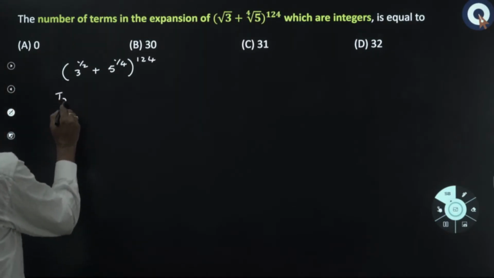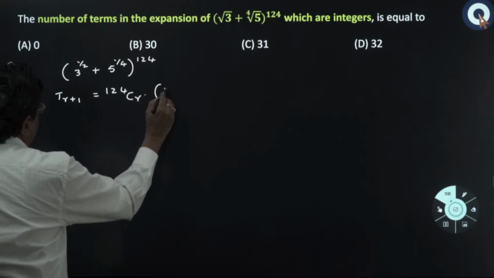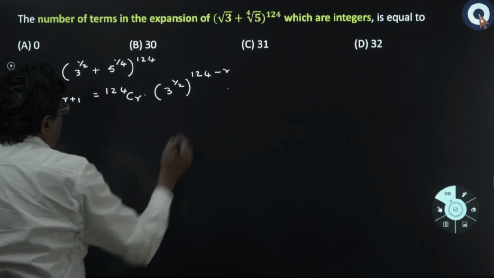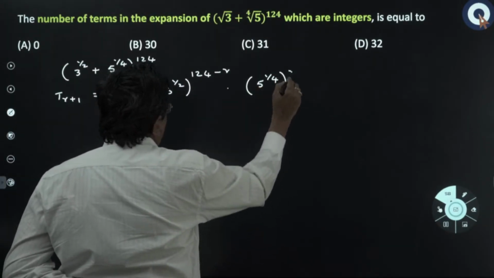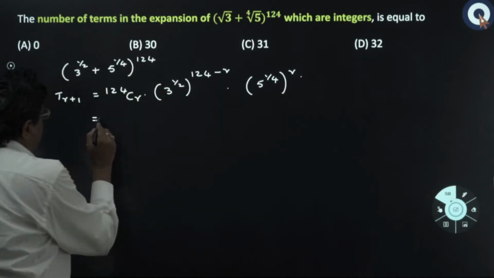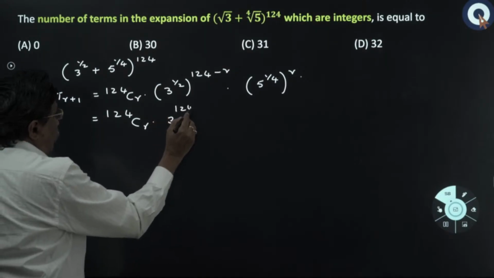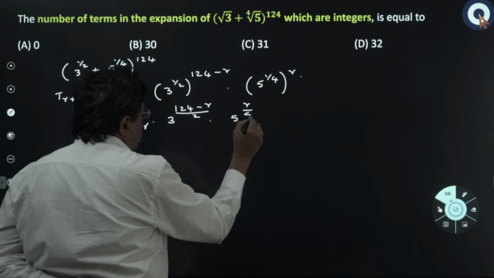The general term of this is 124Cr (3 to the power of 1 by 2) whole to the power of 124 minus r into (5 power 1 by 4) whole power r. So, what we got is 124Cr 3 to the power of (124 minus r) by 2 into 5 to the power of r by 4.